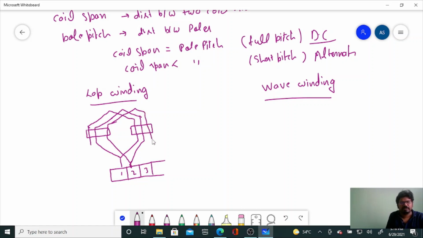Drawing it roughly, it will be like this. We generally call it parallel winding.